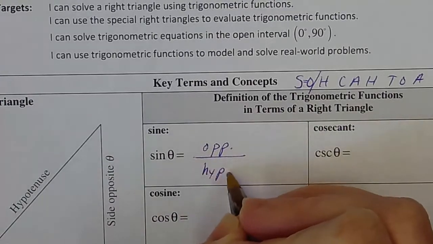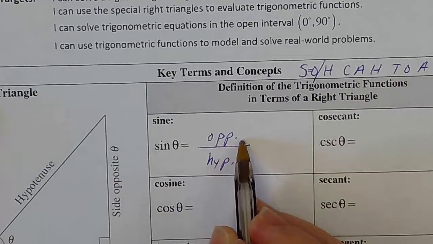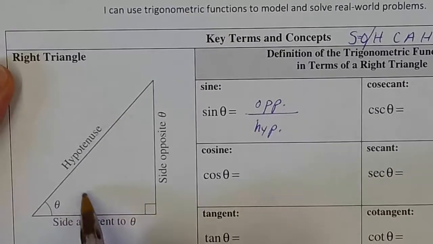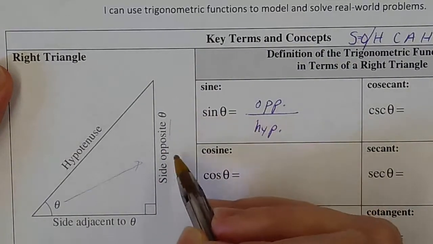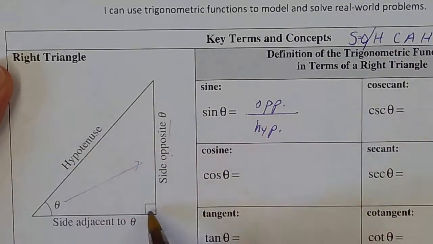And I'm just abbreviating these words. So if I'm looking at angle theta here, you got to understand the opposite means across from that angle. So this is the opposite side, and then the hypotenuse is opposite the right angle, or the longest side.